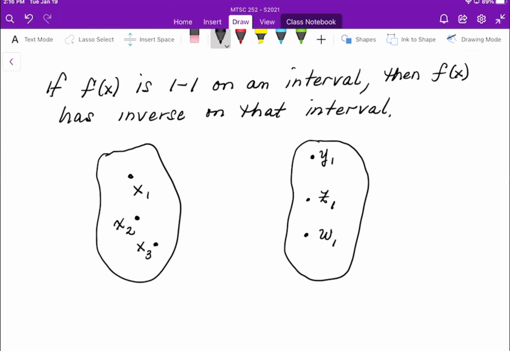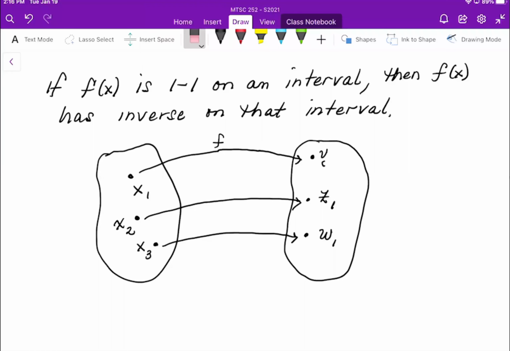Okay, so f takes x1 to y1. f is going to take x2 to z1, and f is going to take x3 to w1. Actually, we don't even need the 1's over here. Let's just make it y, z, and w. Okay. So that's what f does.